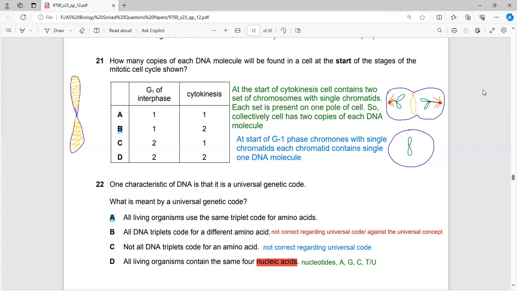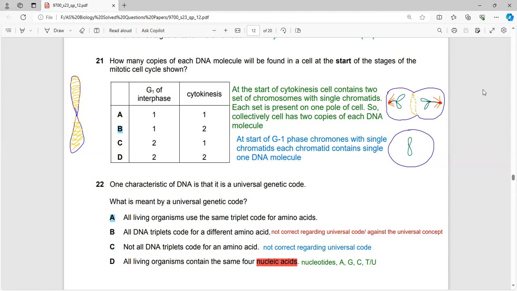What about the G1 phase? After the cell division, it will enter into the growth 1 phase. In the growth 1 phase, each newly divided cell will receive one chromatid. Within one chromatid there is one DNA molecule. So there will be one DNA molecule in G1 of interphase, and two DNA molecules at the start of cytokinesis.